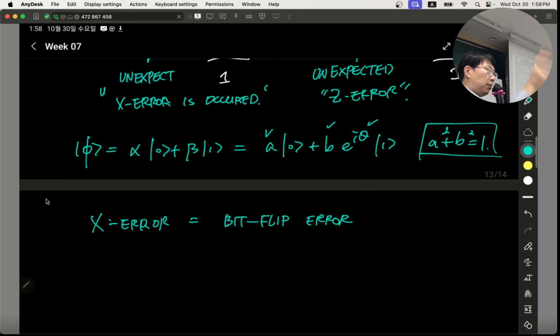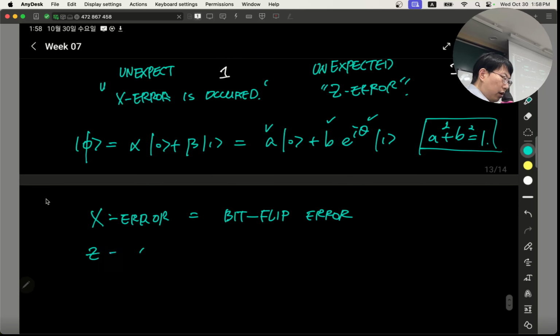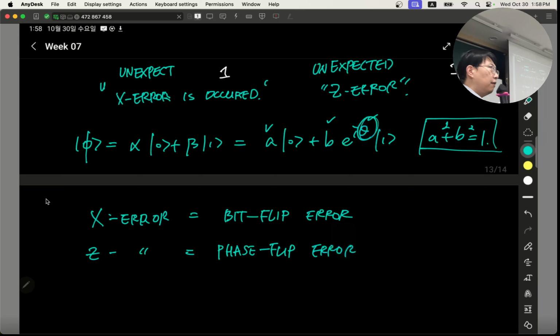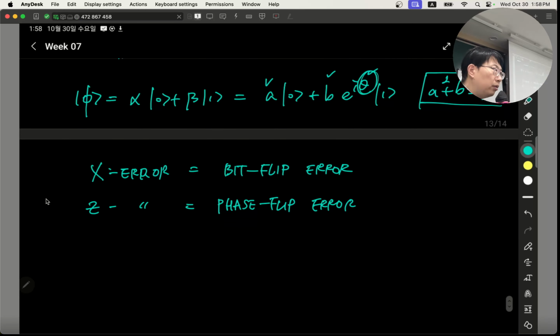It just flips the bits. And the Z error is called the phase flip error, because it flips the phase theta to theta plus pi. So it just flips the sign of the exponent. These are the only two errors that we are interested in and that we can actually correct.